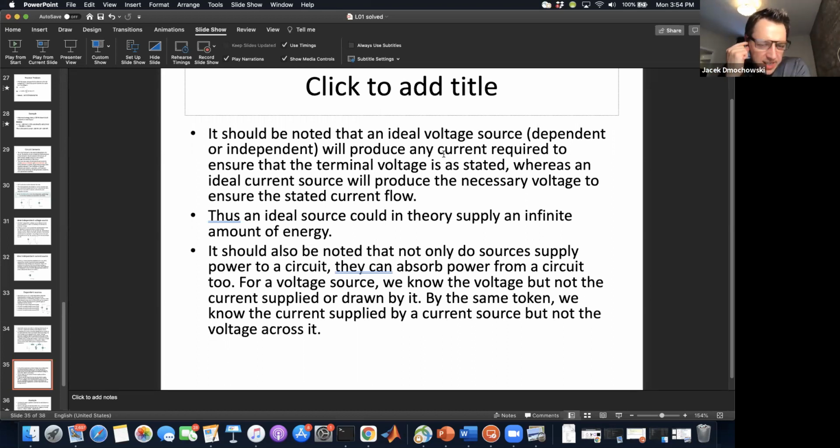And in this class, we do not learn any techniques that allow us to determine how much current is flowing through a voltage source and how much voltage is sitting across a current source. So just so you know, on any homework problem or exam, do not try to write down what the voltage is across the current source, or what the current is flowing through a voltage source. We do not learn the techniques in this course to allow you to do that.